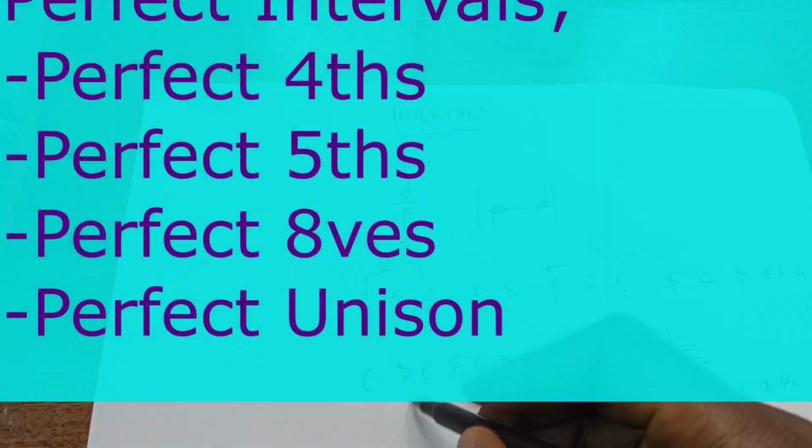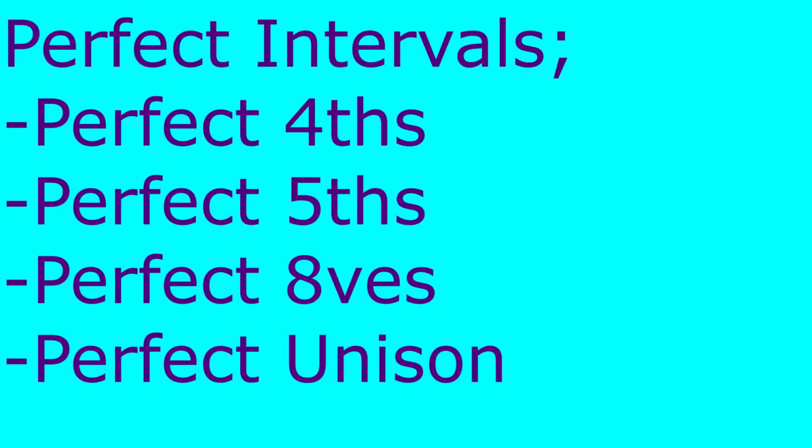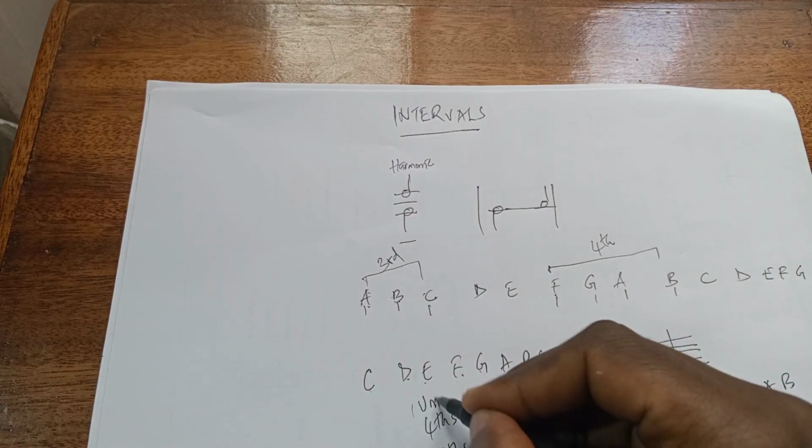We have perfect intervals. Perfect intervals only occur in fourths, fifths, and octaves. And we also have an interval which is unison. If the note is not moving, if the letter is not changing, for example, you are moving from C to C without moving toward the octave, we call that a unison, because the tone, or the letter, is the same.